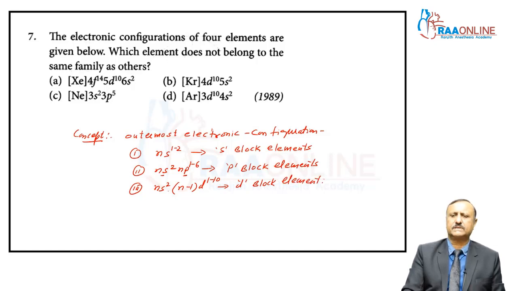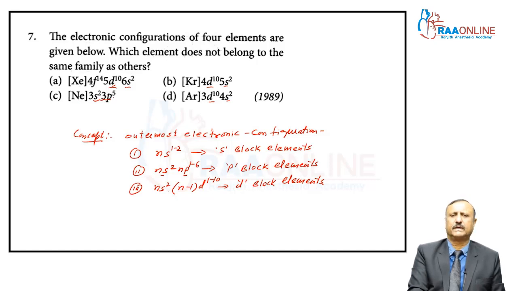Here, my dear students, we can see here d5 6s2 means this belongs to d orbitals here, and here this is d10 and s2 means it belongs to d orbitals. d10 is present here, d10 s2 means it also belongs to d orbitals, and here you can see no d orbital is filled, it means d orbital is empty.